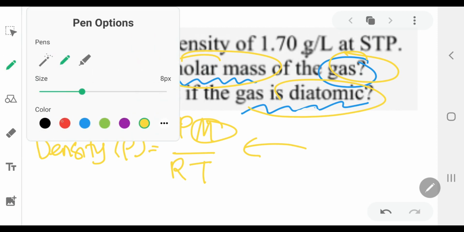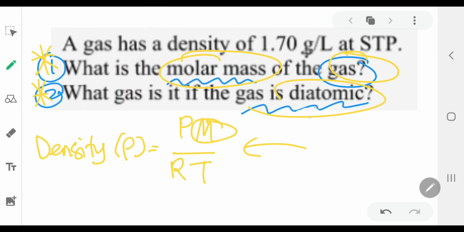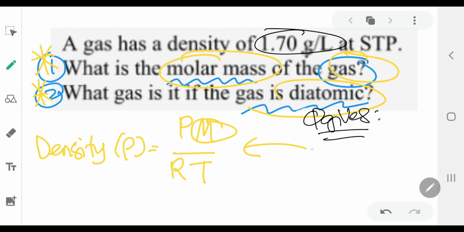So the question gives you a few things. The first one, density is given to you. We have the density, which is 1.70 gram per liter. That is the density of the ideal gas. But if you read the question, it looks very simple, really short. It's quite deceiving. Some students might think, oh, this is easy.